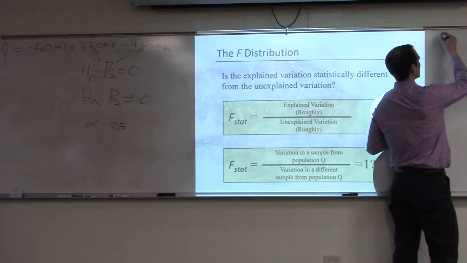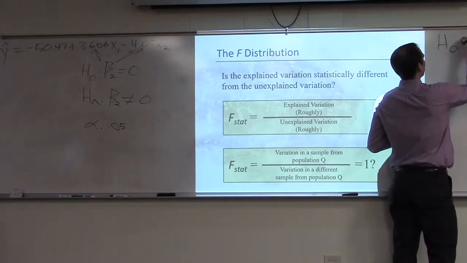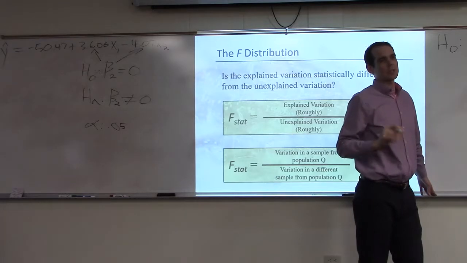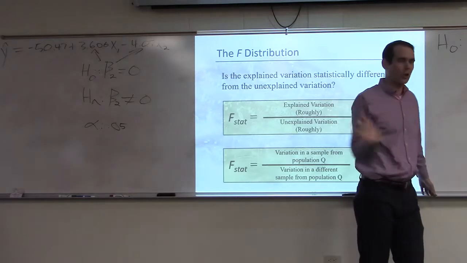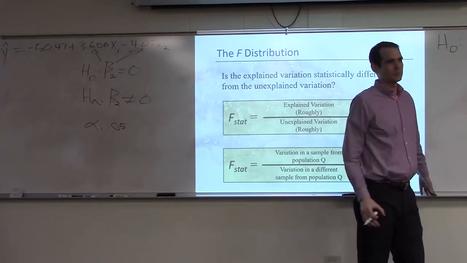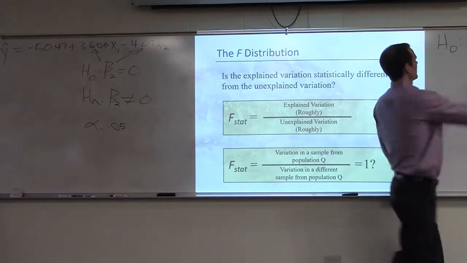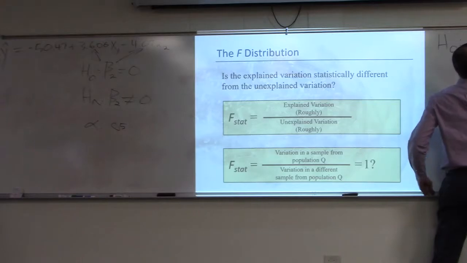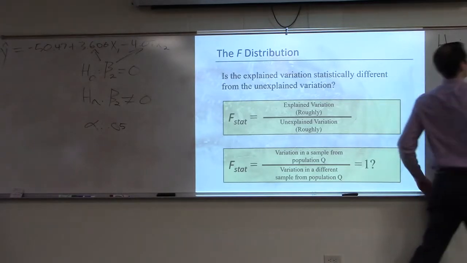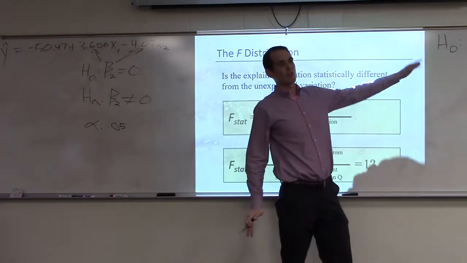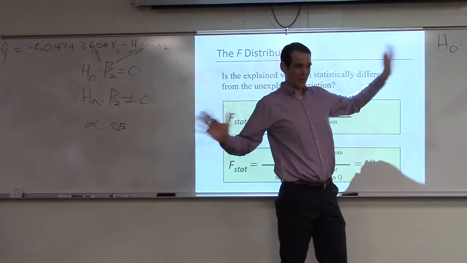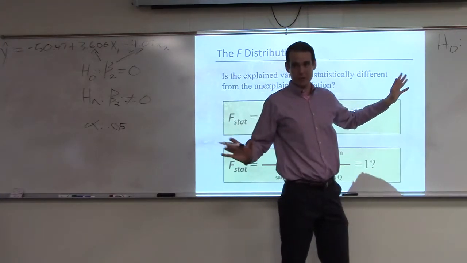We will often do a null hypothesis test for the whole regression equation, and we will say the null hypothesis is all the slope coefficients equal 0. Every single one of them. So b1 equals b2, and they both equal 0. That's our null hypothesis. Another way of saying that, there's nothing useful in this whole regression equation.